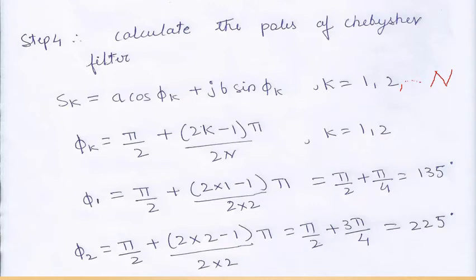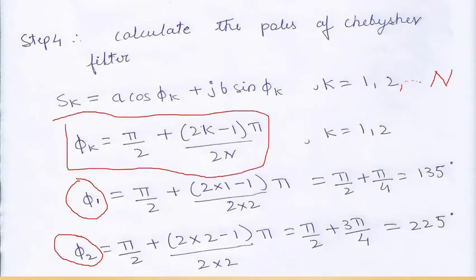Based on the formula, we will find phi 1 and phi 2. As I mentioned, in this numerical, we have got order as 2. So we need to find only two angles, that is phi 1 and phi 2. By using this formula, we get the value of phi 1 as 135 degrees.